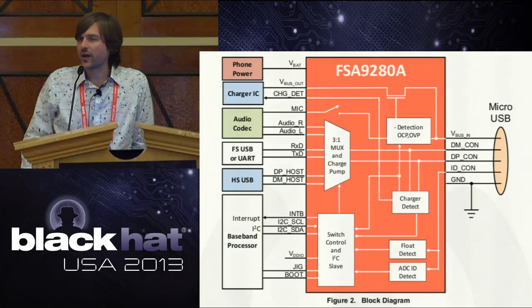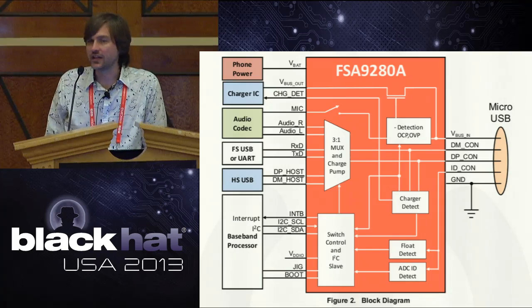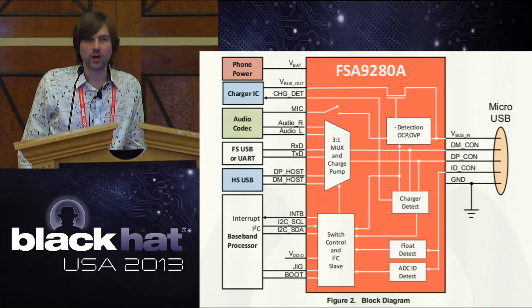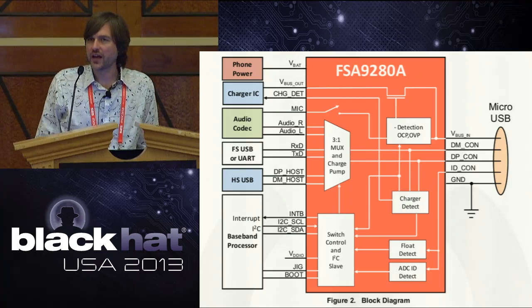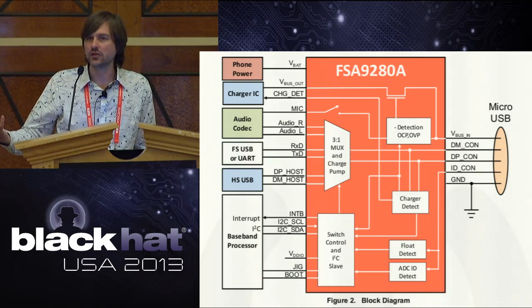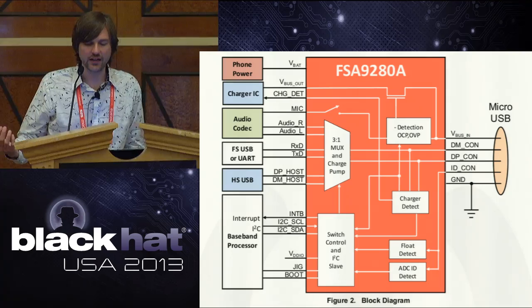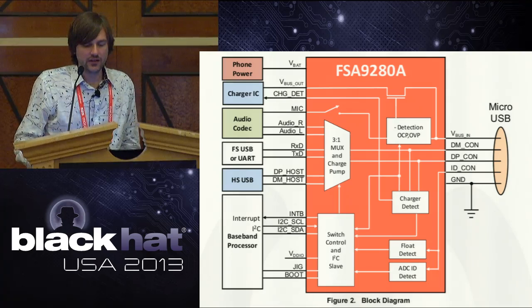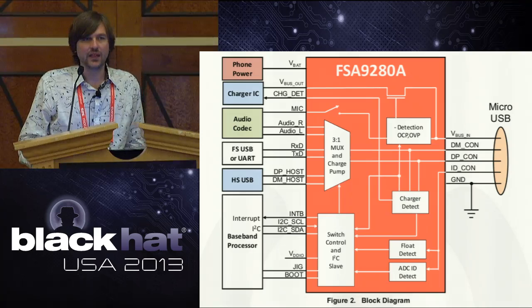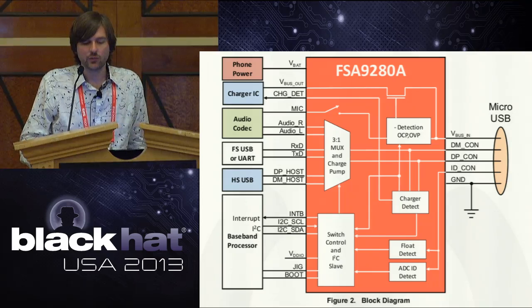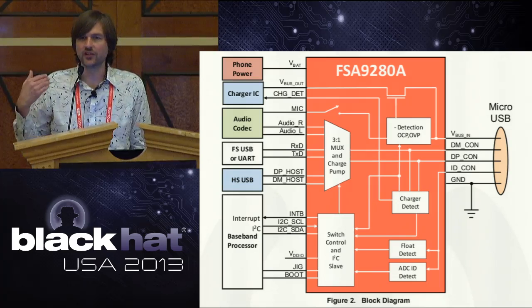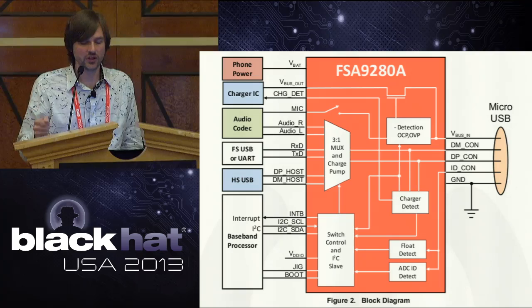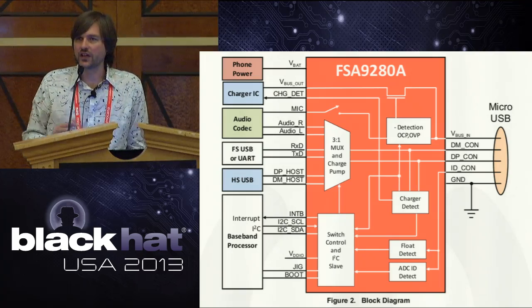This is a diagram from a data sheet from one of those multiplexer ICs. And you can see that on the right-hand side, there's the connection to the USB port, a micro USB connector. And on the left-hand side, there are connections to various back-end things within a phone, for example. One says HS USB, that's the high-speed USB connector. So that's what you'd expect to connect to when you plug into a USB port. But there are other things that it can switch to.